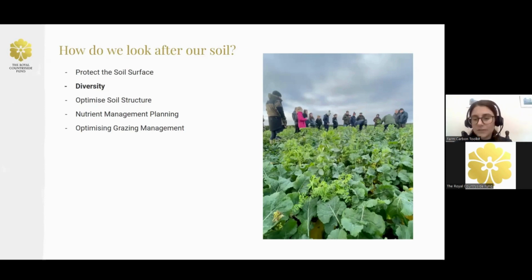So in this field we've got here on the right hand side, this is a field of oilseed rape which has been undersown or co-sown or companion cropped with species of vetch and beans and phacelia. And each of those species has been chosen by the farmer to provide a benefit.